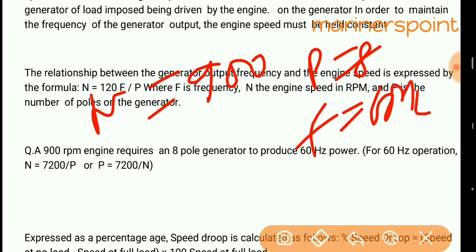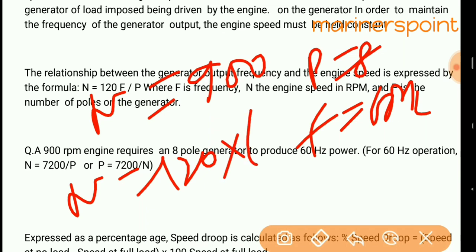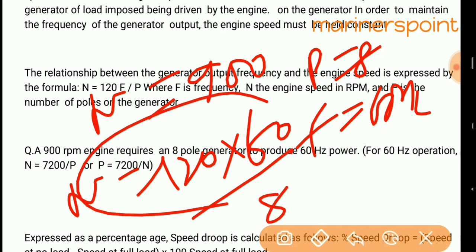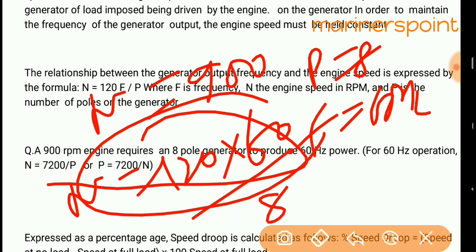Then what is the... Sorry, in this question everything is given, because N equals 120 F by P. If anything is missing among these parameters, then you have to find it. You understand what I want to say? This question is wrong. We have to find which parameter is not given.